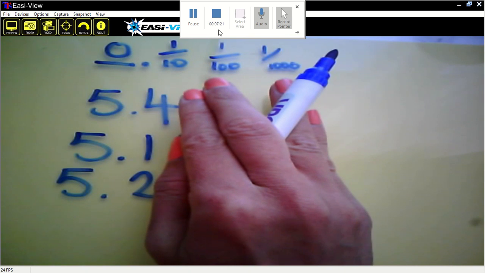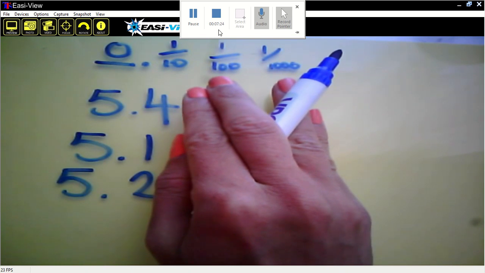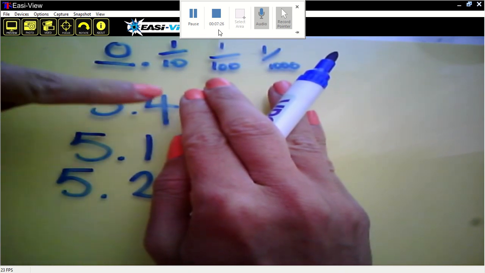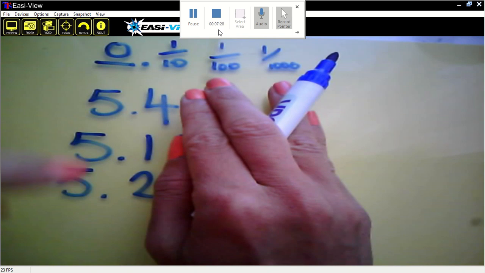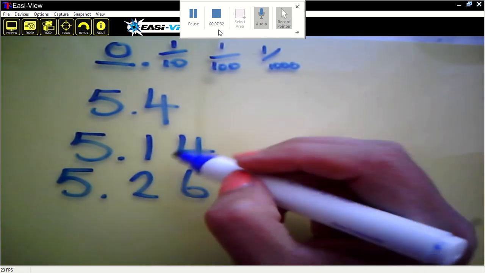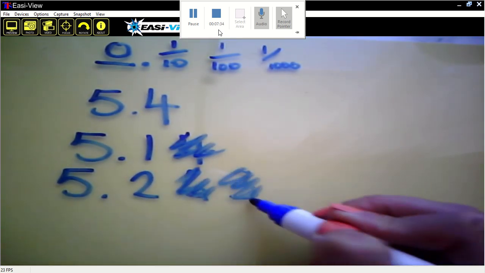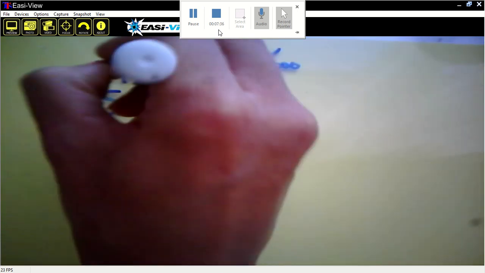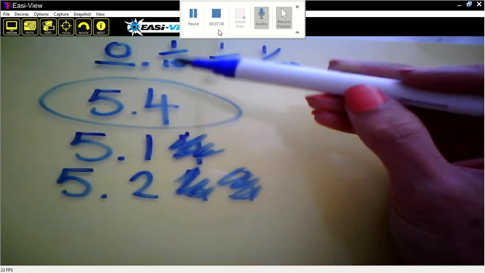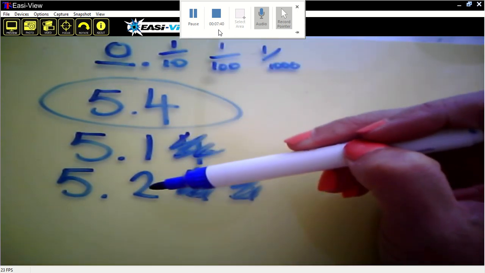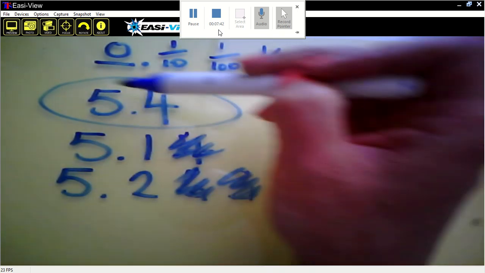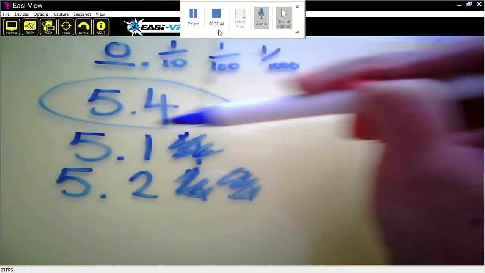Go to my next column. Right, I can see straight away here I've got 4/10. Now 4/10 is more than 1/10, and 4/10 is more than 2/10. So I don't even have to look at this digit, or this digit, because I know straight away that 4/10 is greater than 1/10 or 2/10. So this is my largest, this is my greatest number.